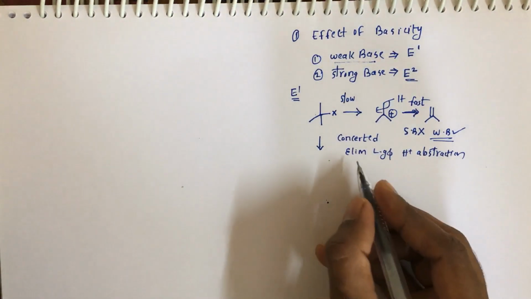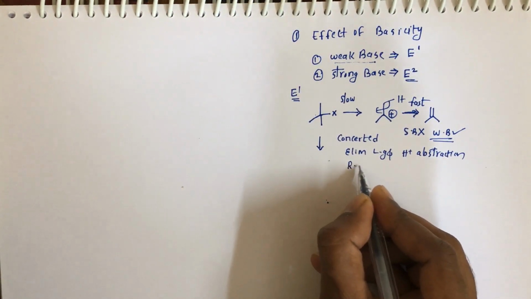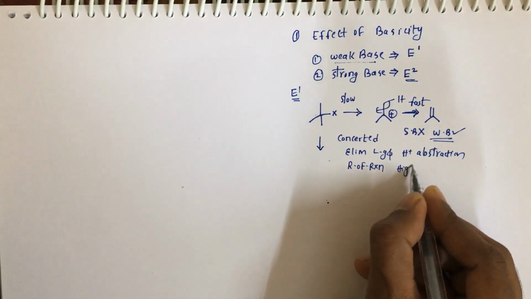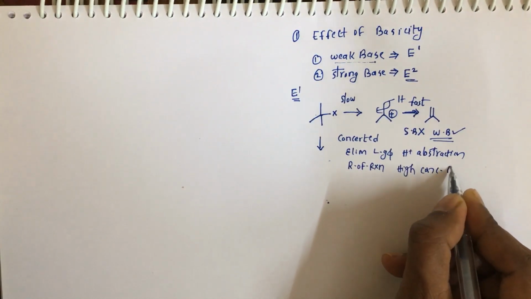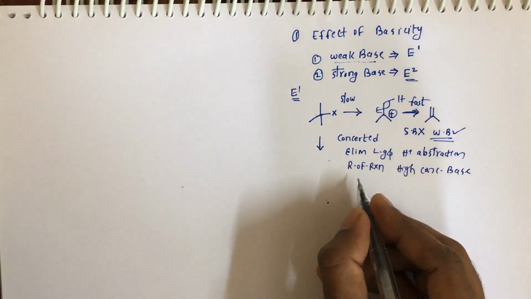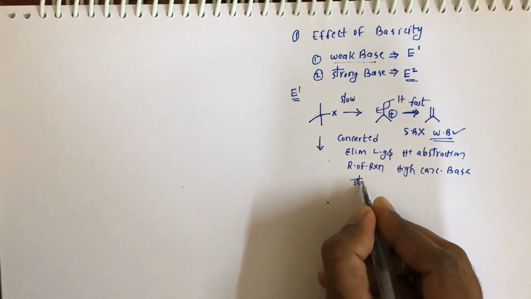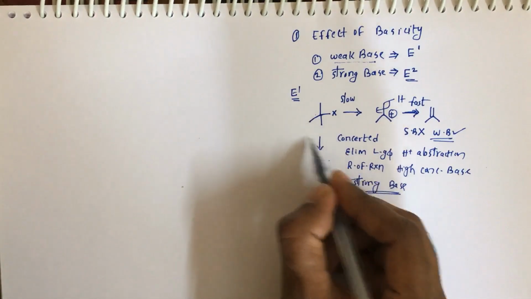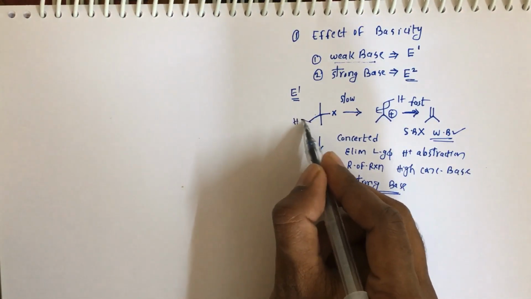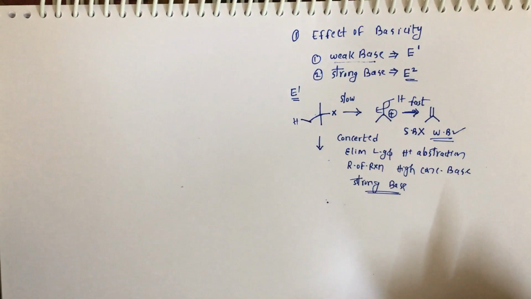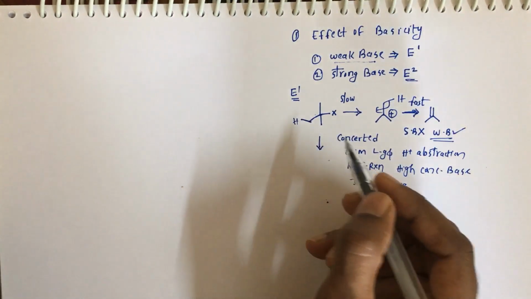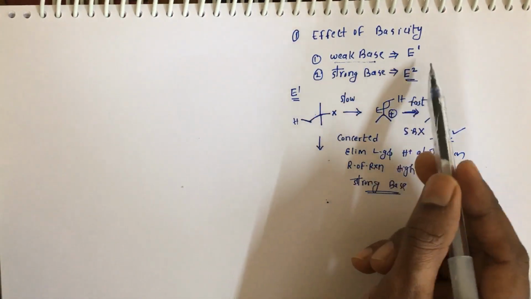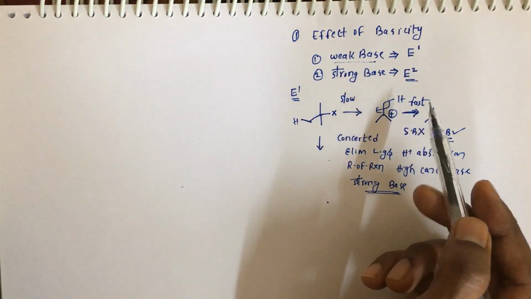Because of that, in order to make the rate of reaction faster, we have to use a high concentration of base, or we can say that we have to use a strong base. Here, in the first step itself, we are removing the proton. So we need a strong base for E2 elimination. For E1 elimination, weak base; for E2 elimination, strong base.